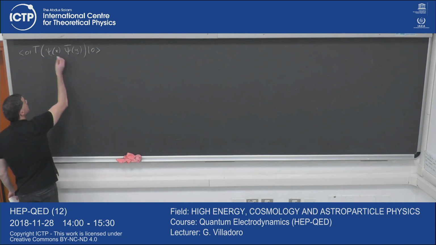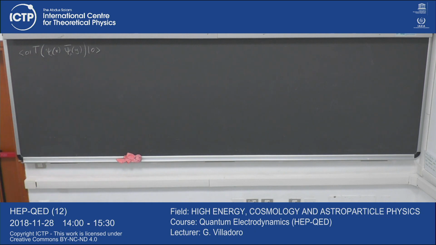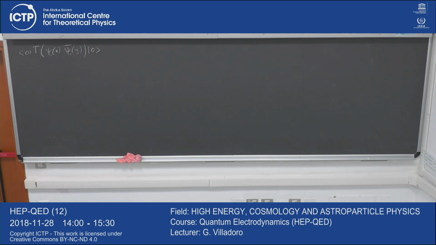Remember that each of these spinors brings a spinorial index. I'm not contracting it. So this object is a matrix in spinorial space. And there is a time ordering. The time ordering for fermions is defined similar to scalar, except there is a minus when they are exchanged, because they anti-commute.